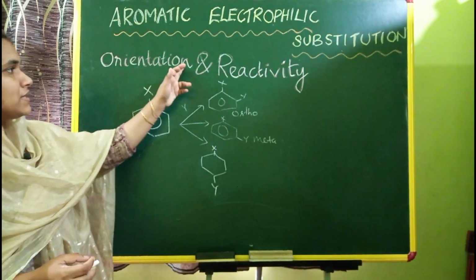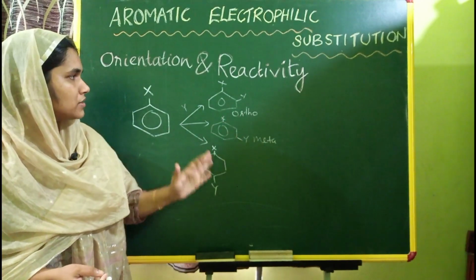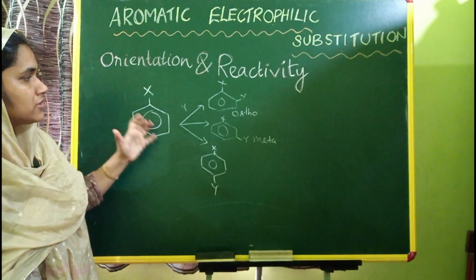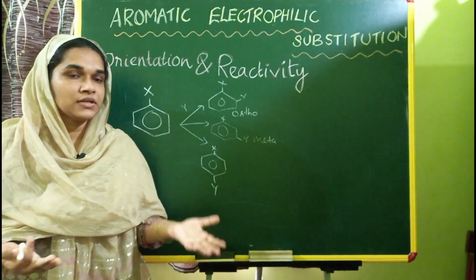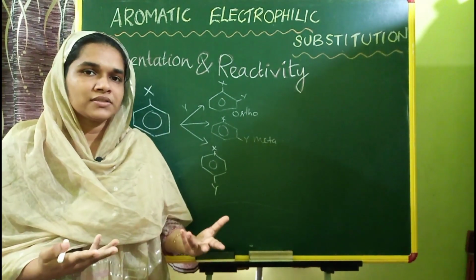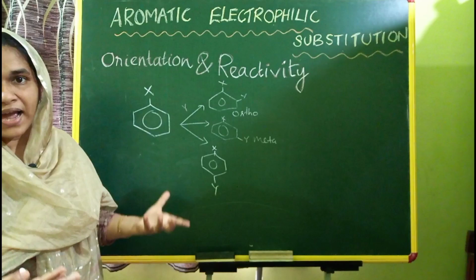So by orientation we mean whether we get the ortho, meta or para product. Then reactivity means whether the presence of this already existing group will activate the ring or deactivate the ring. What is meant by activating?